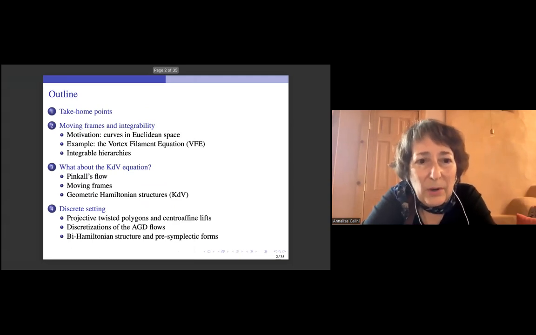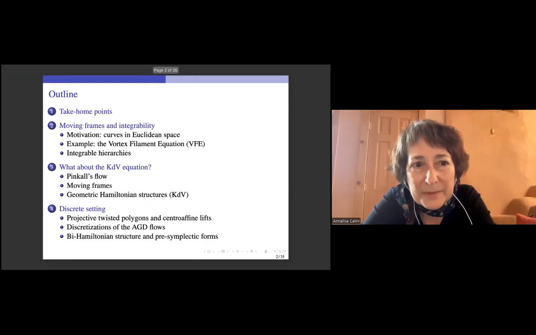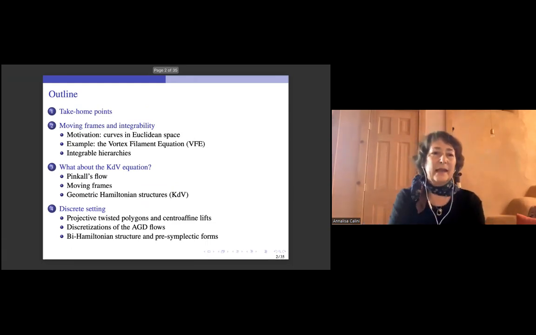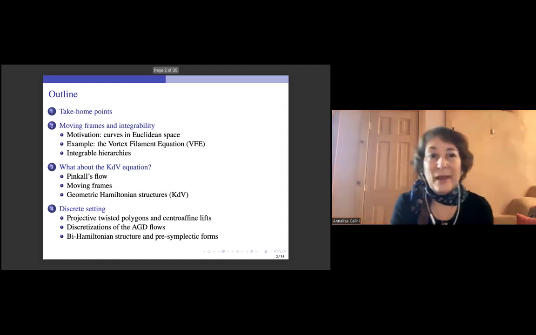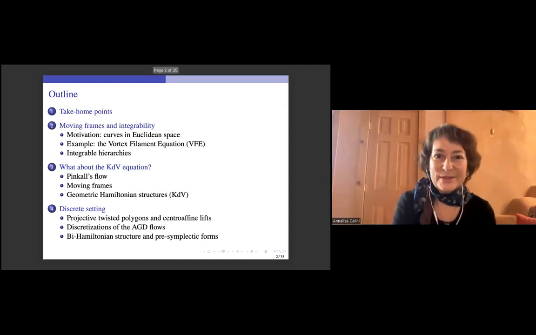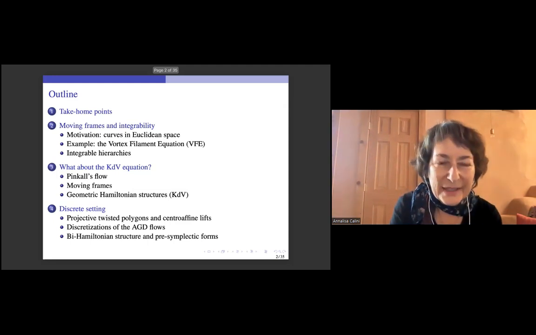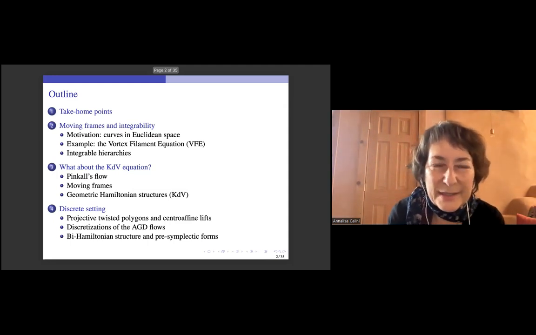Roughly, I will structure the talk by showing the role of moving frames and integrability in so-called geometric flows, starting with the famous applied PDE in some sense, the vortex filament equation that models a simplified dynamics of vortex filaments in ideal fluids.